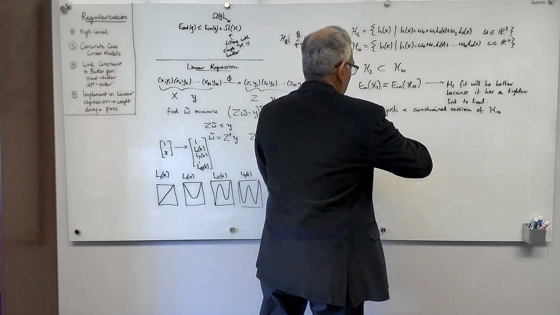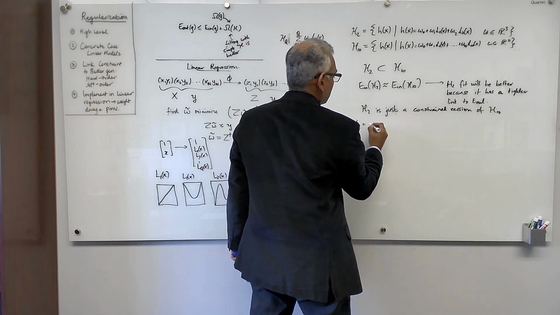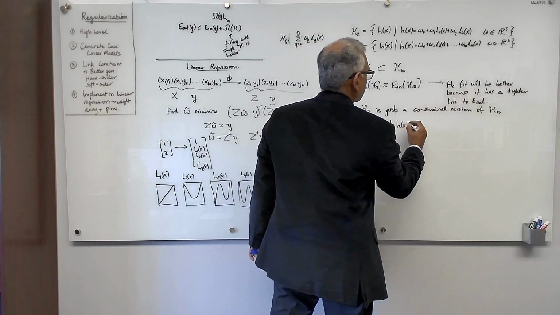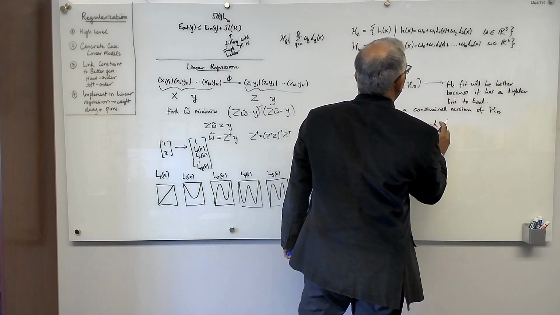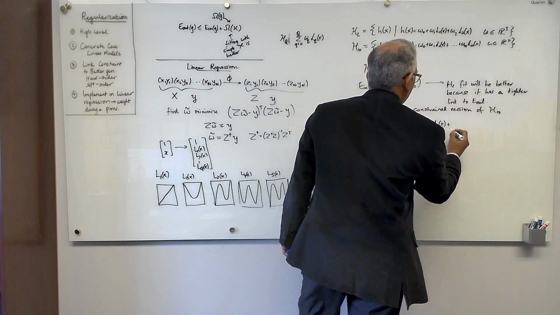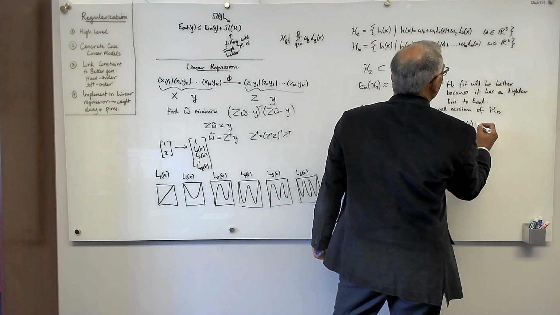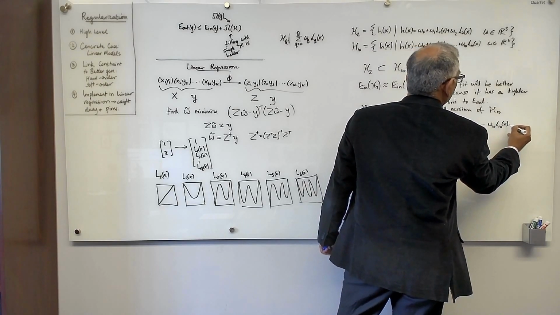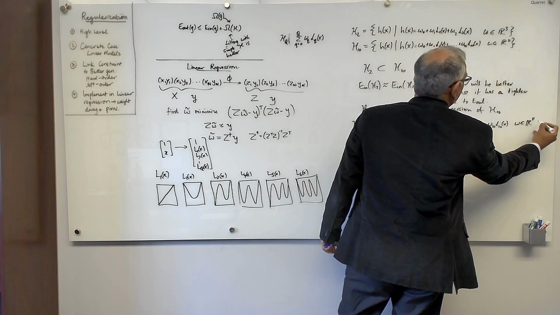Okay? And here, look, H2 is equal to the hypotheses H of x, which are of the form H of x equals W0 plus W1 L1 of x plus W2 L2 of x, up to W10 L10 of x, okay, where W is in R to the 11.